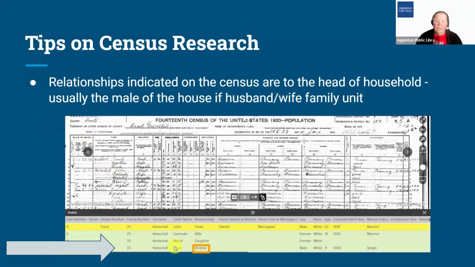So we know Harry Ketchel is the brother to John because the relationship is to the head. It's not the brother to Myrtle. It's not the brother to Gertrude. Harry is the brother to John. So this is an easy way for us to determine some sibling relationships sometimes, if you've got siblings living together later in life as well.